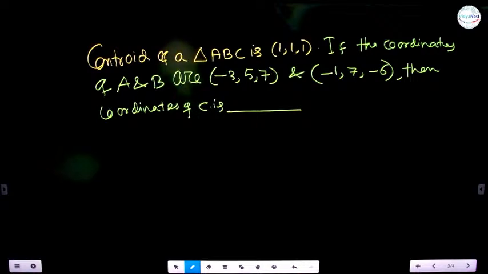How to find? What is the formula of the centroid?